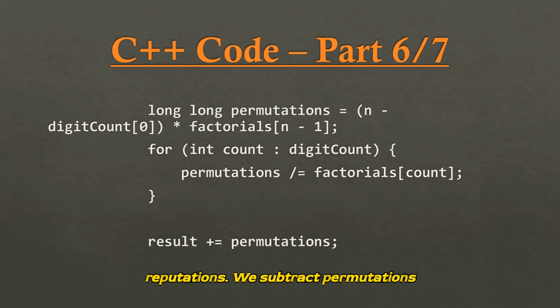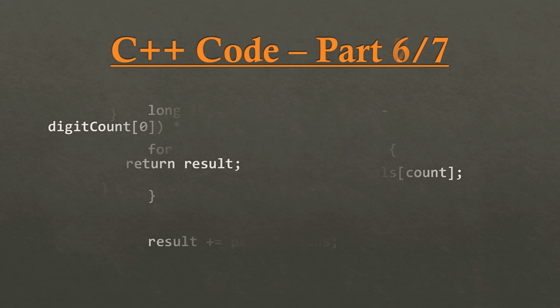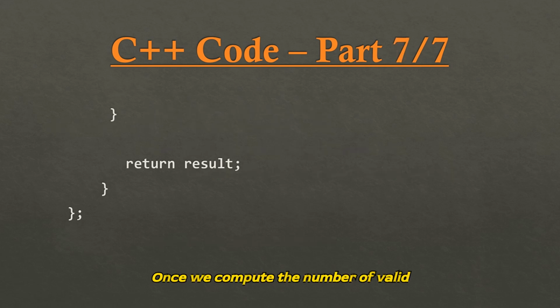We subtract permutations where the number would start with 0, since those are not valid n-digit integers. This adjustment is crucial for maintaining accuracy. Once we compute the number of valid permutations for this digit combination, we add it to our overall result. After we finish processing all palindromic digit patterns, we return the result as our final answer.